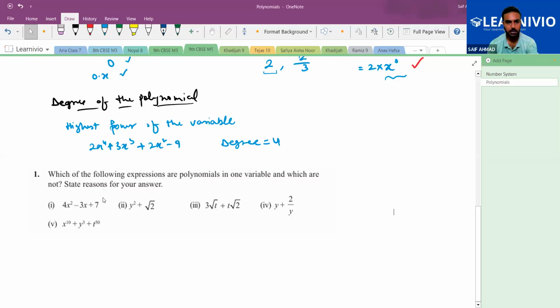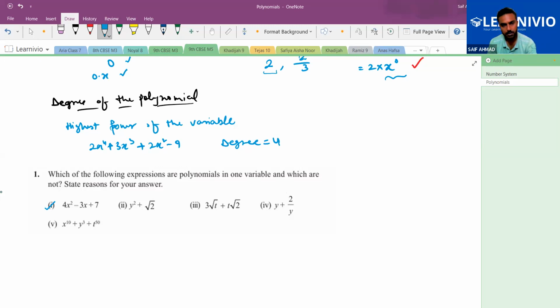Tell me about the first question. You have to say which of the following expressions are polynomials in one variable and which are not. State the reason for your answer. Suleiman, is the first a polynomial in one variable? Yes, sir. Muhammad Ali, is the second one a polynomial?